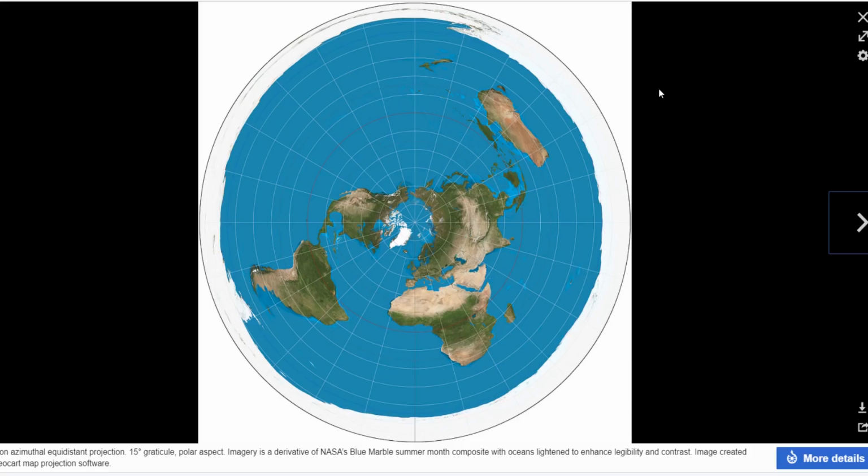So if they point to this azimuthal equidistant projection as the flat Earth model, well, first of all, they haven't done their research into what flat earthers are actually claiming, and for the most part it's just an acceptance that we do not know the true dimensions of the Earth, and there's very little that we can actually do to find out.